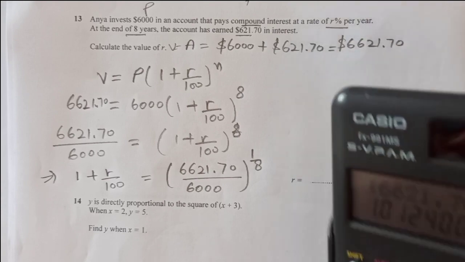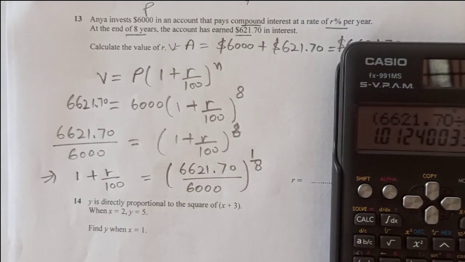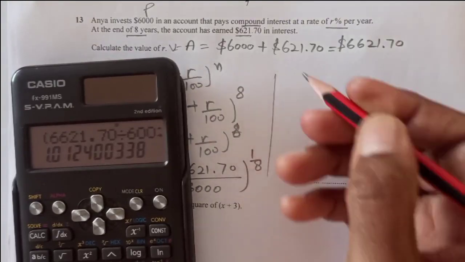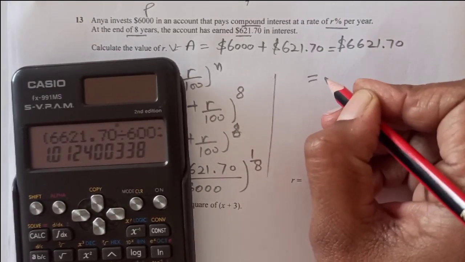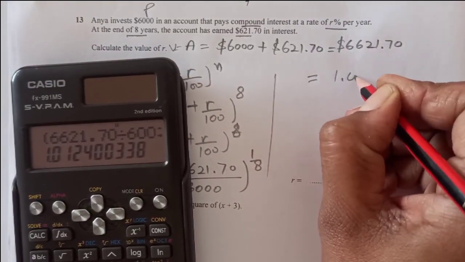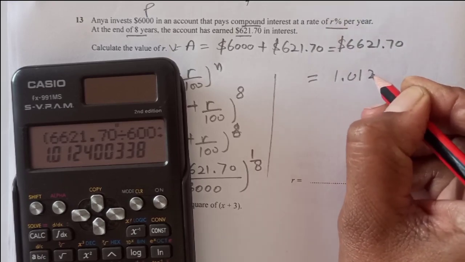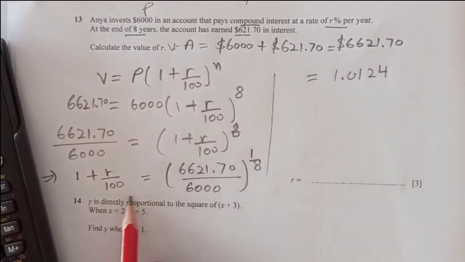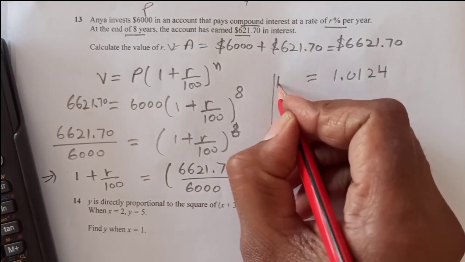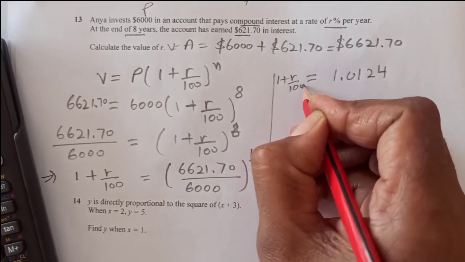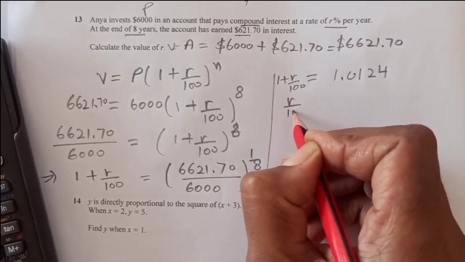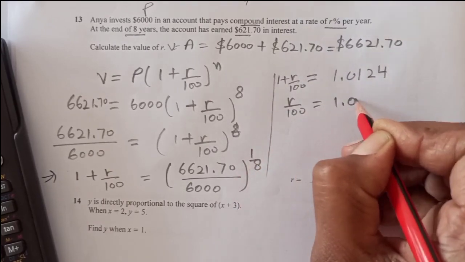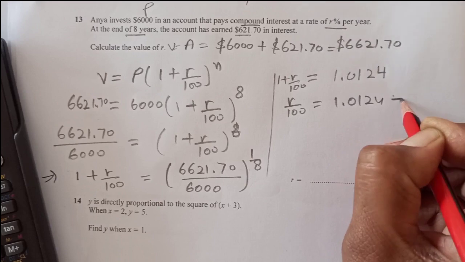So we got here, let me write it down here, 1.0124, right? That's the value of this thing here, but we have on left hand side 1 plus R over 100. So R over 100 is going to be 1.0124 minus 1.